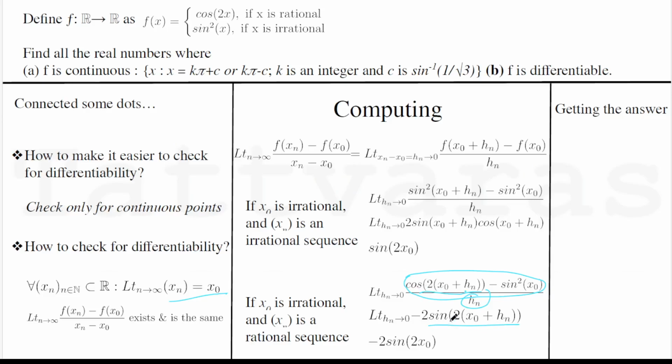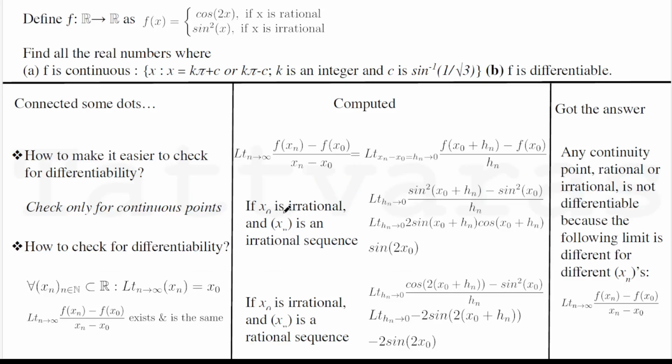So did you see? It's basically a formulation of intuition only. The derivative of this is going to be this. The derivative of this is going to be this. But x0 already has a structure which is involving this thing. And the only way that these two things would be equal is when sine of x0 is 0. And that cannot be because of the structure that x0 already has.